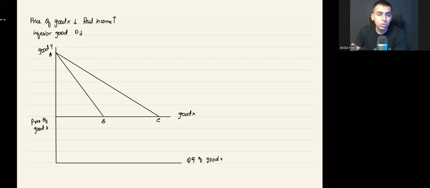But what if your price level is falling, but there is no change in real income? Now we have to show a parallel shift, that is EF. All right. So your first step always is to draw budget lines only, and this is your EF.